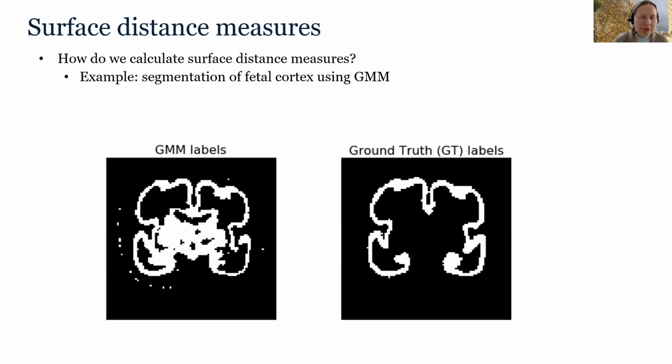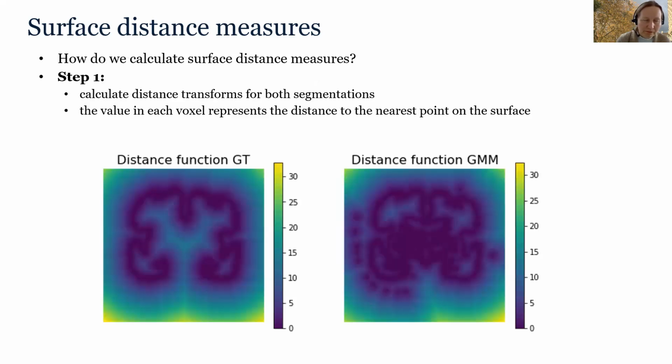So let's have a bit closer look. How do we calculate these surface distance measures? And we'll again come back to the segmentation of fetal cortex. So the first thing that we need to do is to calculate the distance transform for both segmentations.